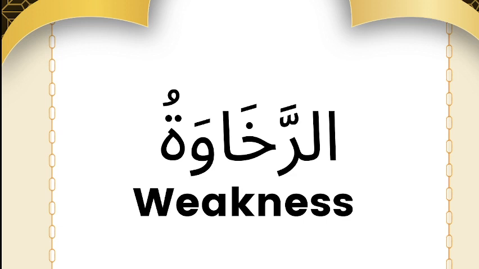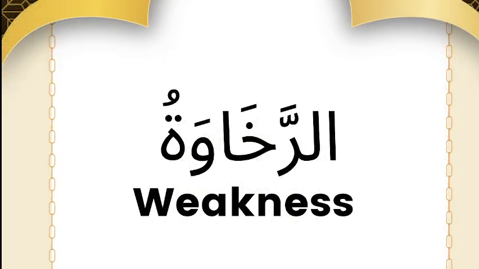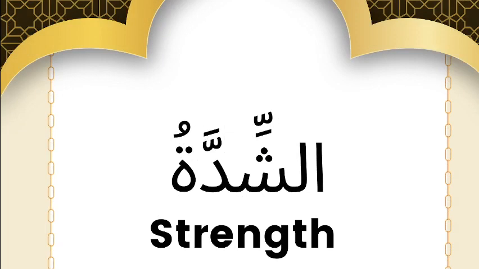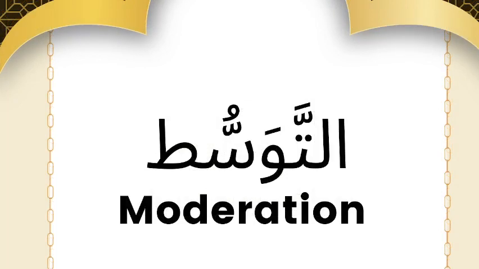Of course, it's a quality on its own, but the scholars used to explain it together with this pair, and it falls in the middle. Ashidda is strength, arrakhawa is weakness, and the one within is atawassutu.